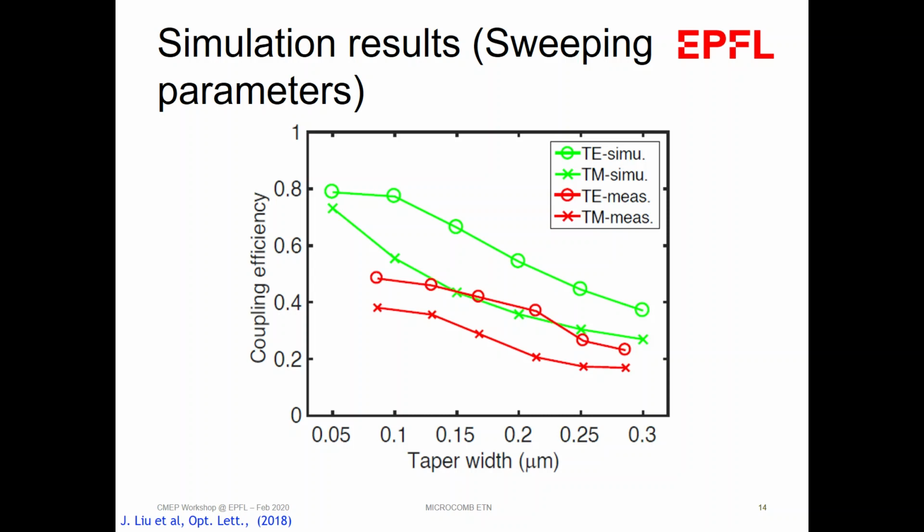If you make your taper really, really small, even though your mode matches very well, the waveguide is too small, the optical confinement is too weak to overcome the divergence of a Gaussian beam, then your coupling will not be good enough. So this is the reason why there's always an optimal taper width, such that the optical mode mismatch is okay, and simultaneously the confinement of the taper is able to overcome the divergence of the Gaussian beam.